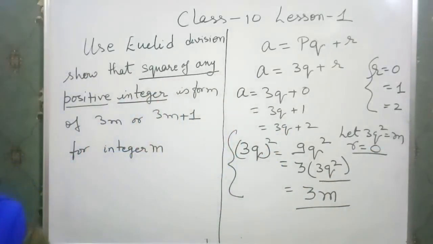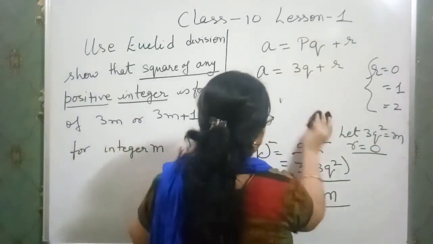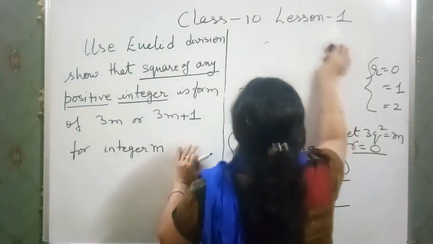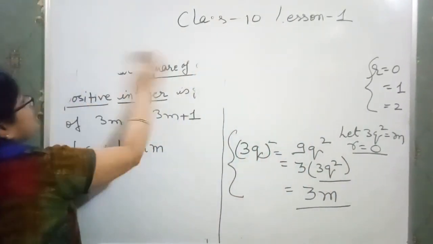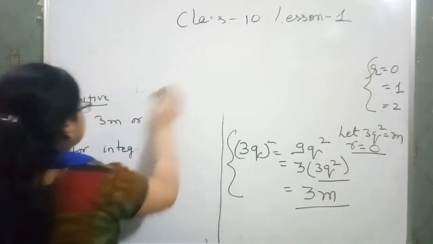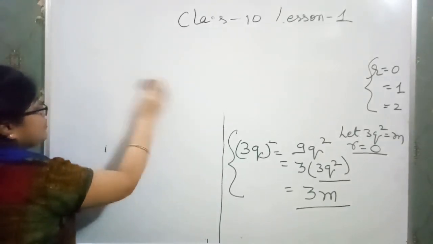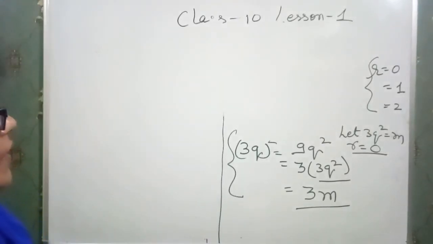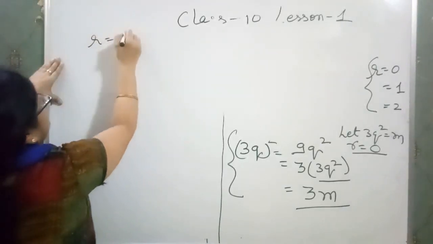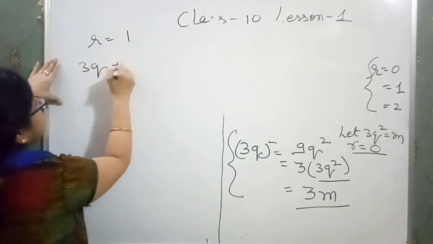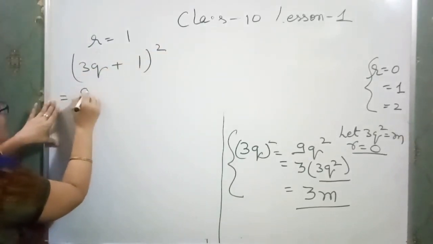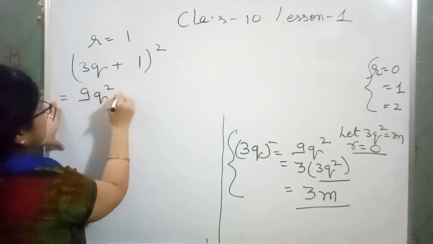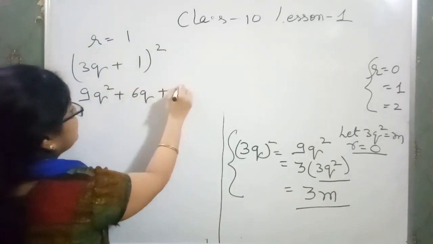Now I am going to check it for r is equal to 1. So you see how we do that. Just concentrate on each of the steps, because it will give you great confusion if you don't observe these things which I am going to explain to you. Now take r is equal to 1. We have 3q plus 1. Now when we square it, we get 9q squared plus 6q plus 1.